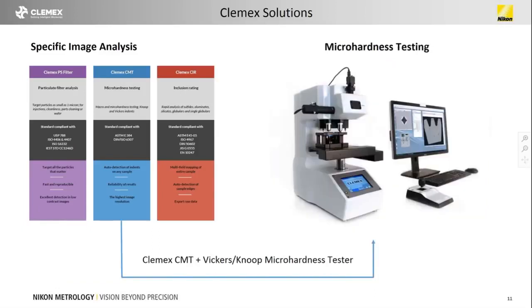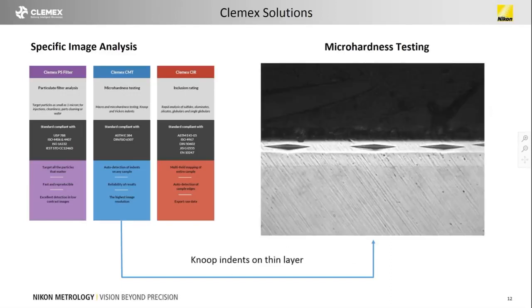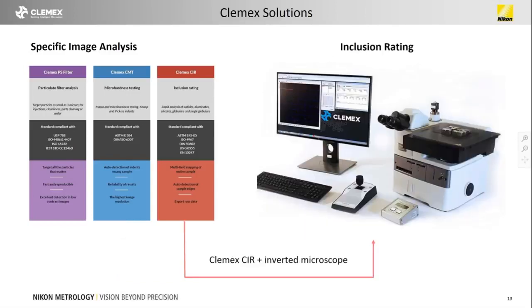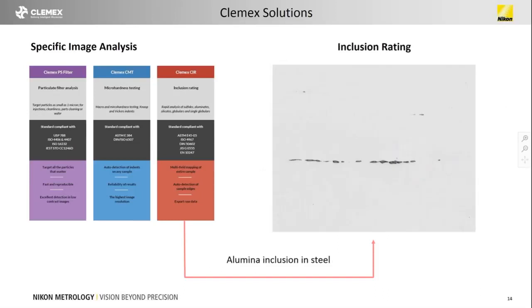Next, we have the Clemex CMT system, which is used for micro and macro hardness testing. And finally, Clemex CIR, which we will be discussing today. Here we have a Nikon MA200 with an auto stage, a camera, and then the CIR software. Here we have an alumina inclusion in steel.